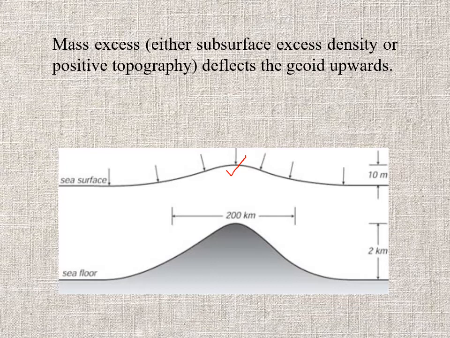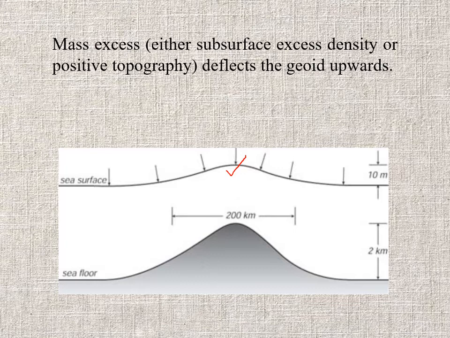Now, this difference in elevation between the measured geoid and some reference shape, particularly the reference ellipsoid, that may be your ellipsoidal shape, that may be your original shape, this difference is known as the geoid anomalies.